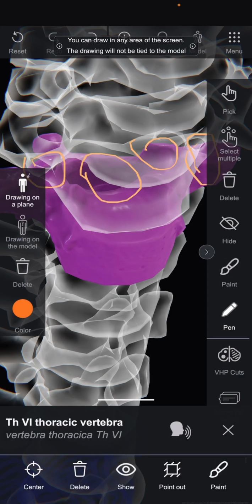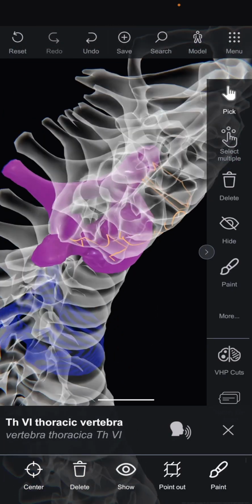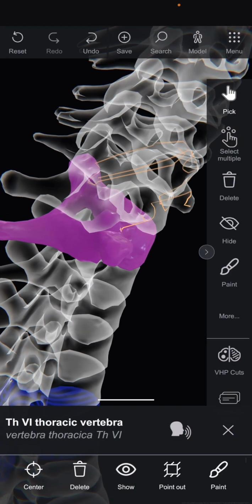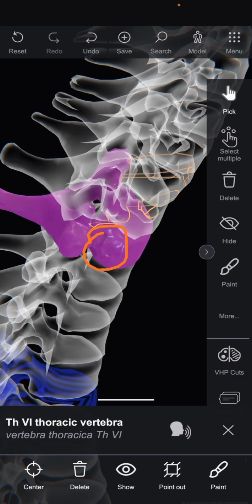What do we not have here? We have no transverse foramina, because I told you transverse foramina are found only in cervical vertebrae. If you look at the transverse process area, we have no foramina here. These are the transverse processes.